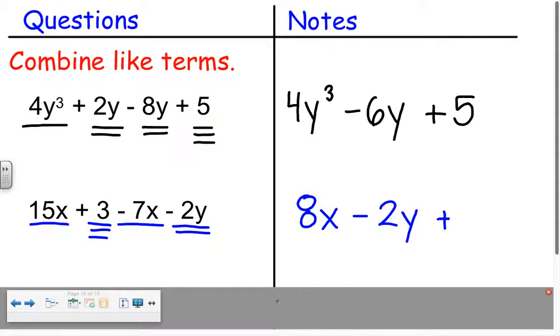So notice how I jumped from the 8x over to the negative 2y, and that's because technically when you're writing your answer, normally I like to do it in the order of the alphabet. So the 8x had an x, then y would come after, so I put the negative 2y second, and then the plus 3. But technically, if you had written it like this, that is still a correct answer. So really, you could put either of those.